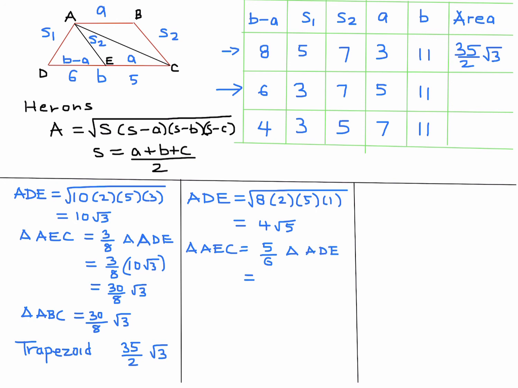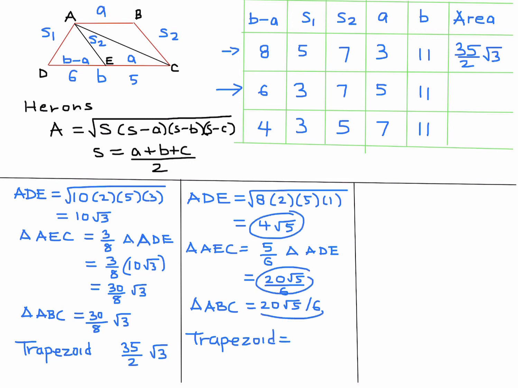So that gives me 5 times 4 root 5, which is 20 root 5/6. And very similarly as before, ABC is going to equal the same thing. And now the area of the trapezoid, you just have to add them all up. This one, and this one. And when you do, you get 32/3 root 5. So that goes here, 32/3 root 5.